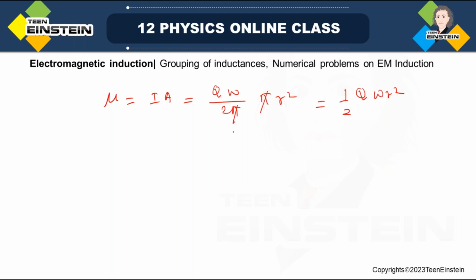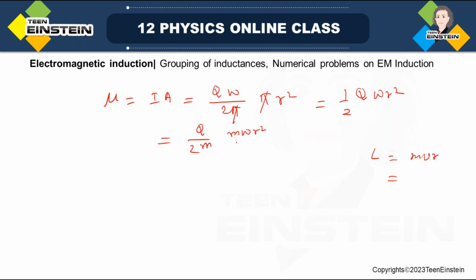So if we write q by 2m, this is m omega r square. Now L will be mvr, and v is equal to r omega.